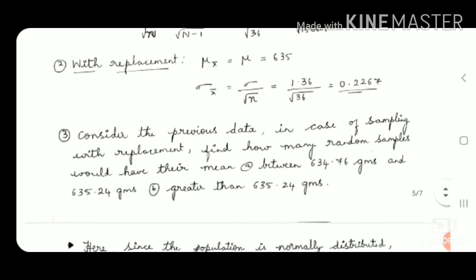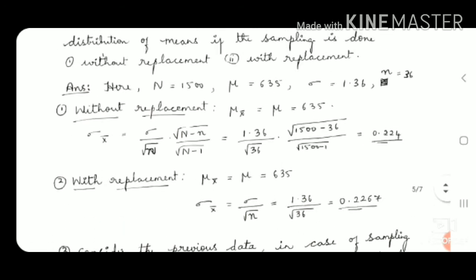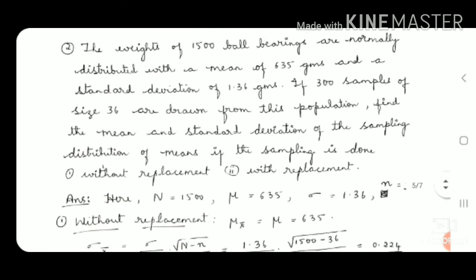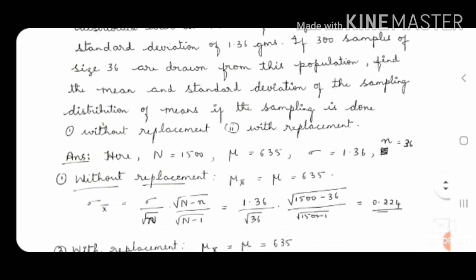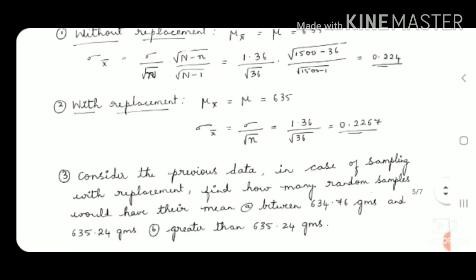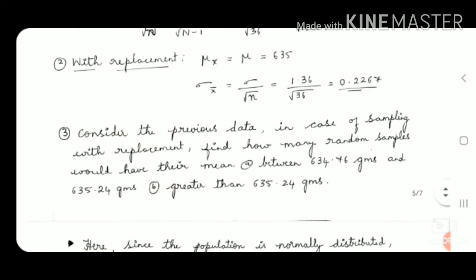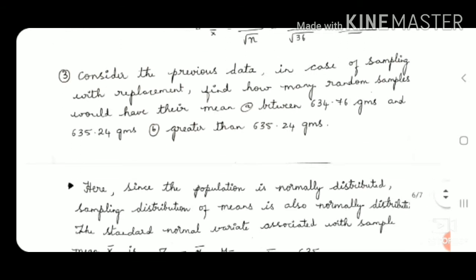Now in the third example, we consider the same data as given before, as in example 2. We need to find out how many random samples have their mean between 634.76 grams and 635.24 grams, and greater than 635.24 grams. In this case, we consider that the sampling distribution of means is normally distributed.